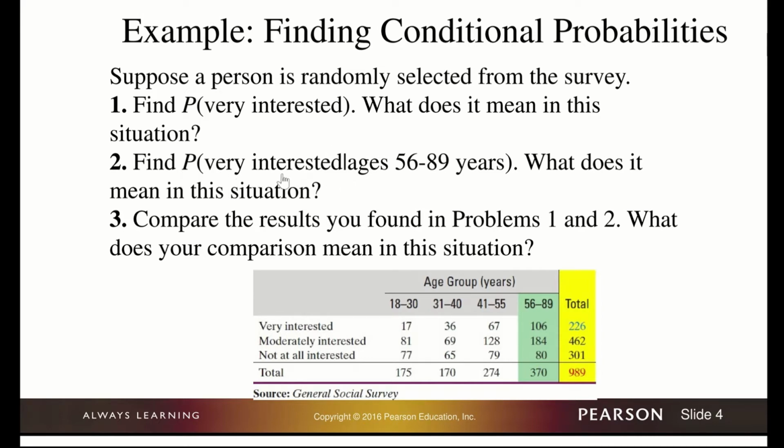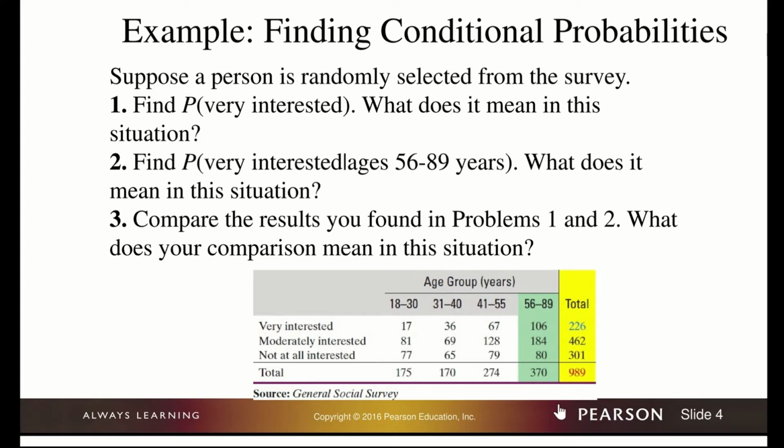We'll find the probability of the individual being very interested given that they're in this age group, and then we'll compare the results. So let's first talk about the probability of very interested. Here we're looking at this group, and notice we have 226 very interested individuals out of a total of 989.